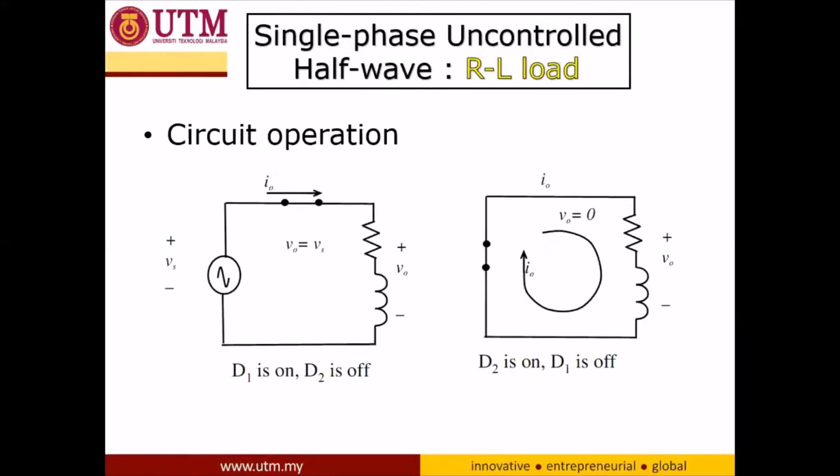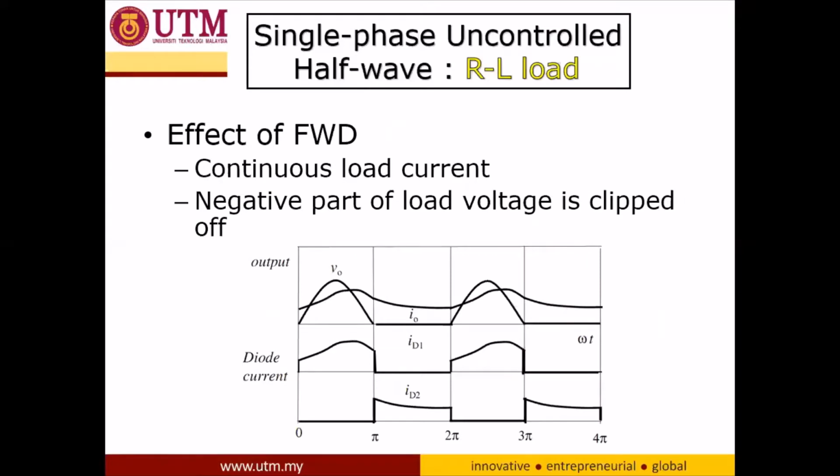So this is the circuit operation. This is the result of the output voltage and also the output current. Without the freewheeling diode, we will see that the voltage behaves like this, with a positive cycle and some negative cycle.